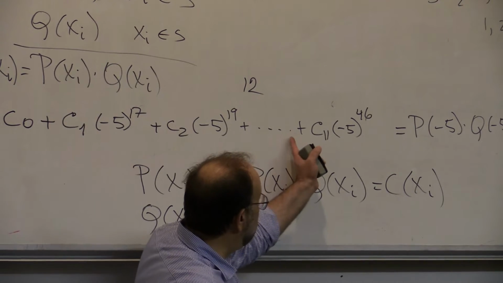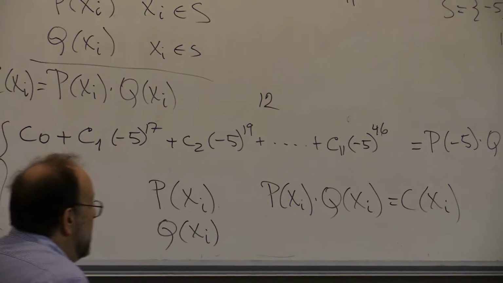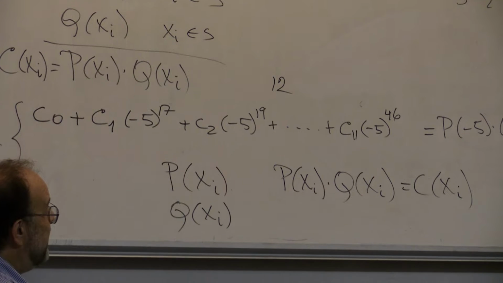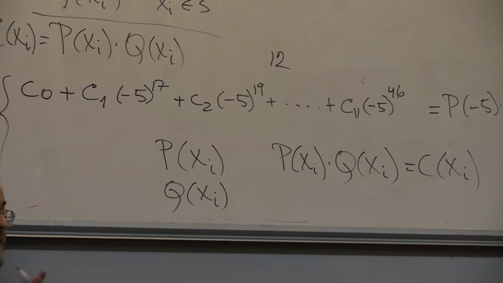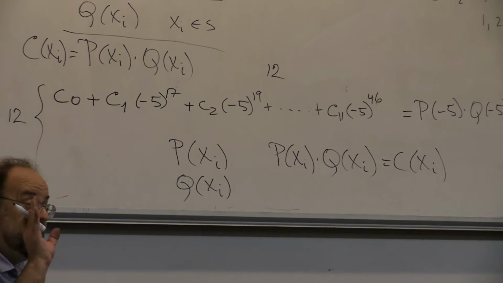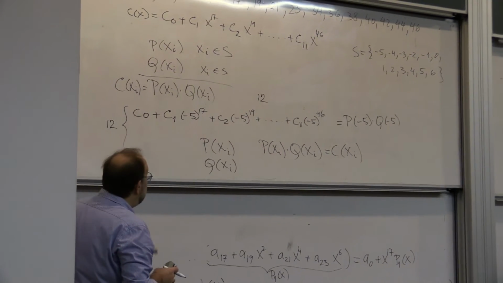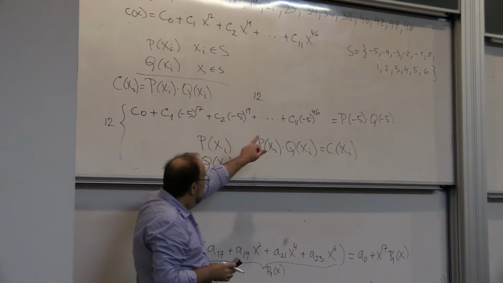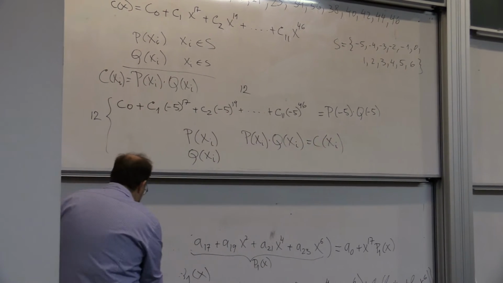There is nothing multiplying -5 to the 45. So we just want to see that it's not always necessary to evaluate as many values as the degree of the product plus 1. Sometimes, if the resulting polynomial is like this, a fewer number of values is sufficient.